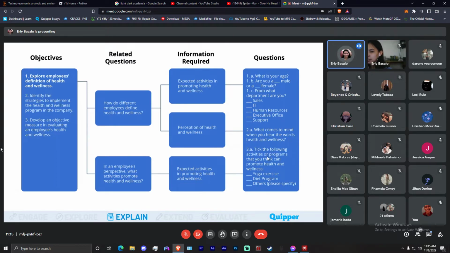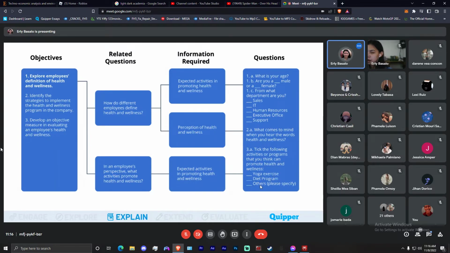Then pick the following activities or programs that you think can promote health and wellness. So you provide factors that you think could promote health and wellness, like yoga exercise and diet program.